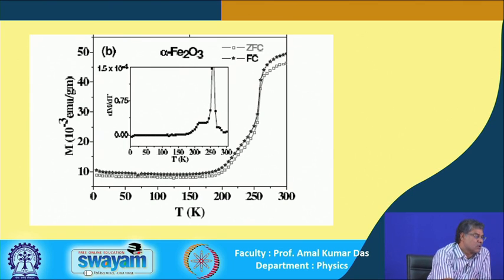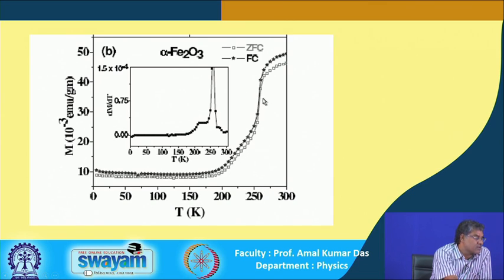So one can guess that here there is a transition, and there is some other kind of phenomenon here. So how to find out this transition temperature? Generally from here you can tell, okay, around 250 or 260 is the transition temperature.